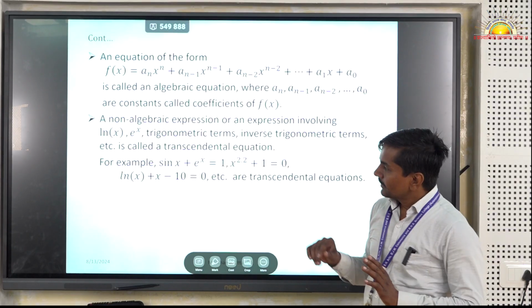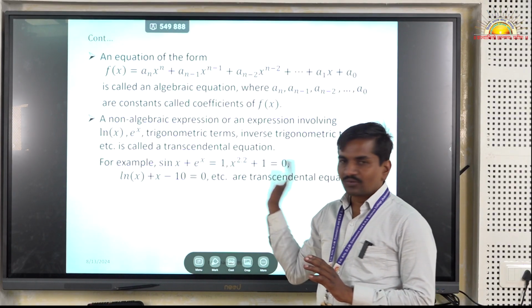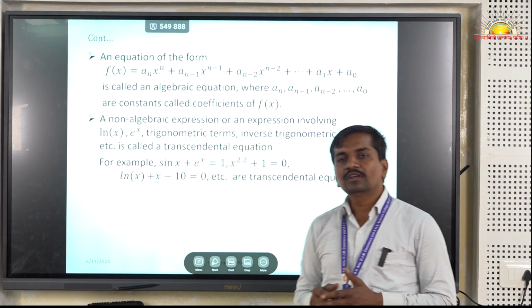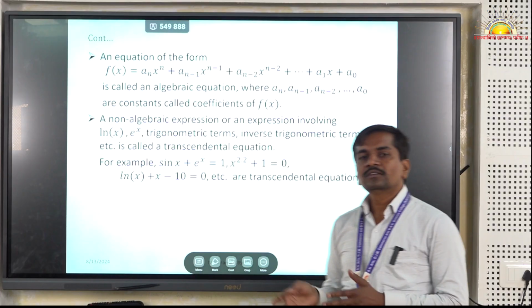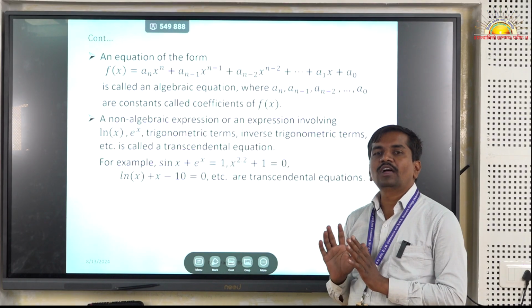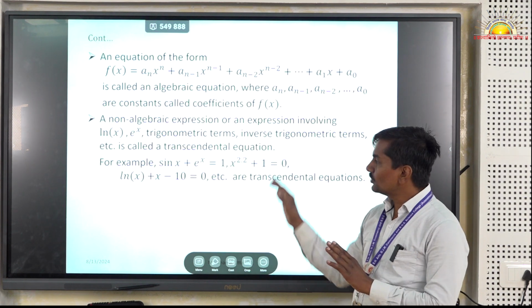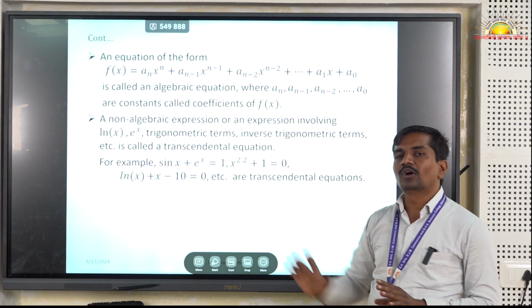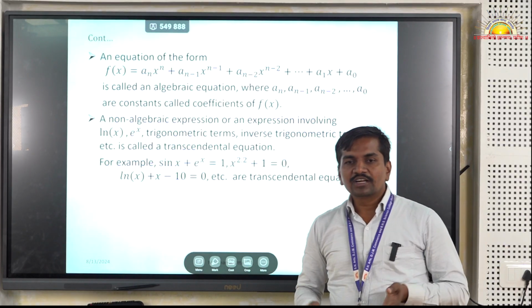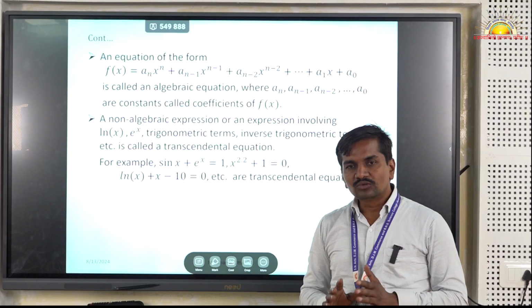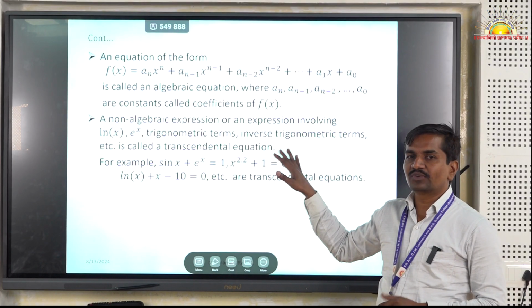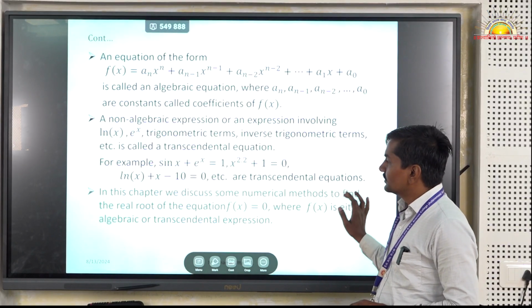Now such equations, that means either a polynomial of large degree or a transcendental equation, have no rational formula which determines the root in terms of the coefficients of the equation. Therefore, numerical methods are required to compute the solution, that means the root of the equation f of x is equal to 0.